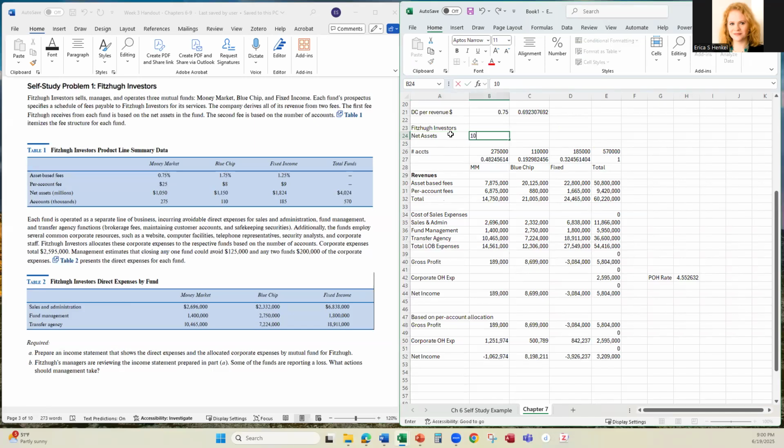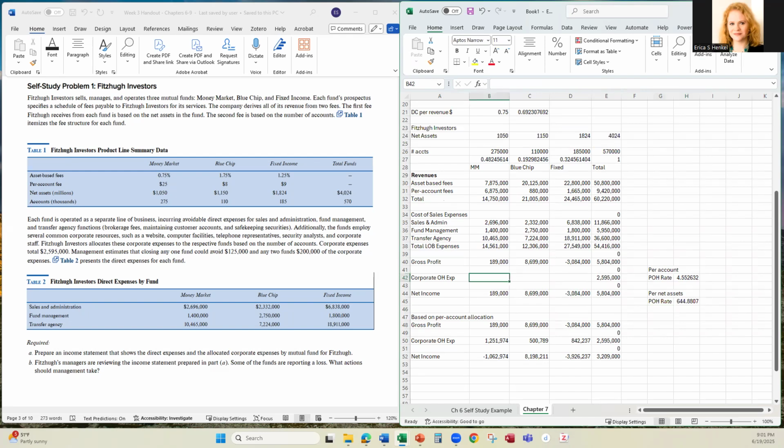So for net assets, I can leave the zeros off. It'll be the same proportion either way. So if we have 4,024, let's take that same amount here. So this one is per account. So if we allocate this by net assets, we're going to take that 2,595,000 and divide it by 4,024. Okay. That'll be our rate here.